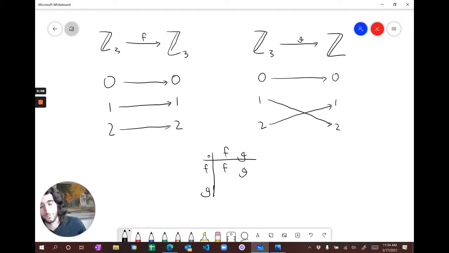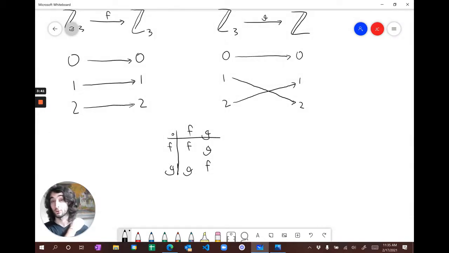So F composed with G should be G. Similarly, if you first swap them and then do nothing, that's the same as just swapping them. And if you do G and then G again, you swap 1 and 2 and then swap them again, then you're back to where you started. So G composed with G is the same as F. And so from this table, we can see it's a group.